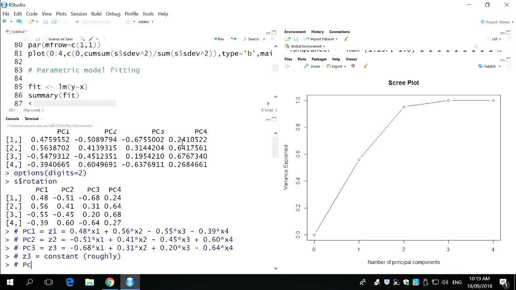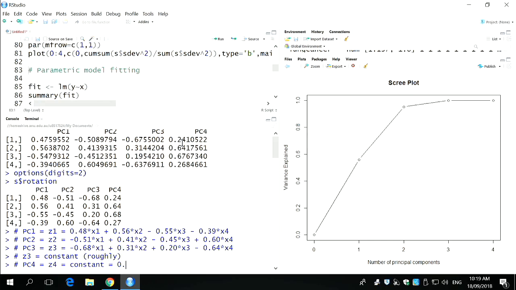Now, that principal component still carries about 4% of the variation, not a whole lot, so roughly constant. The last one carries almost no variation at all. You saw that it contributed almost nothing to the total variation. So it really is very close to constant. So I'm not even going to write roughly on this. It's pretty much constant. Okay?